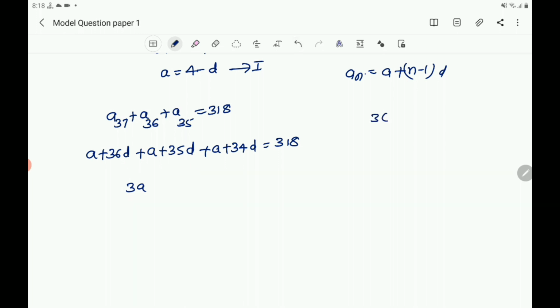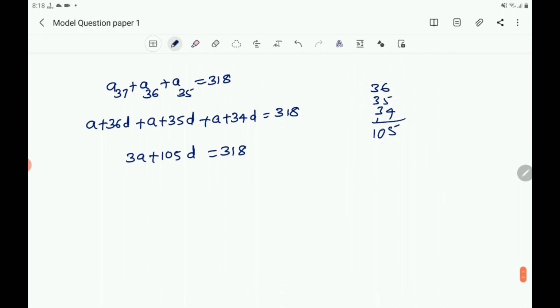Add these: 36, 35, 34. It becomes 6 plus 5, 11, 11 plus 4, 15. Carry 1. 4 plus 3 is 7, 7 plus 3 is 10. You got 105. So it becomes 3a plus 105d equals 318.